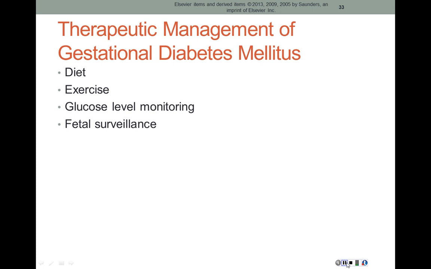The next thing is exercise, and of course we hope that mom is on an exercise regimen before she gets pregnant. That would be the best thing, because exercise lowers your blood sugar level. It also helps your cells increase sensitivity to insulin, and it can help with some other common discomforts of pregnancy like back pain, muscle cramps, swelling, constipation, trouble sleeping, and it can help mom get into shape for the hard work that she's going to go through during labor and delivery.